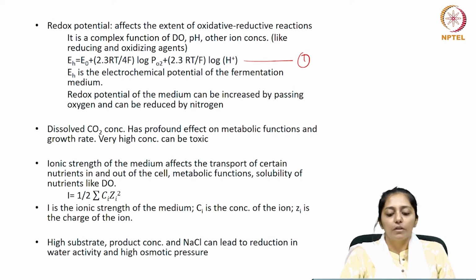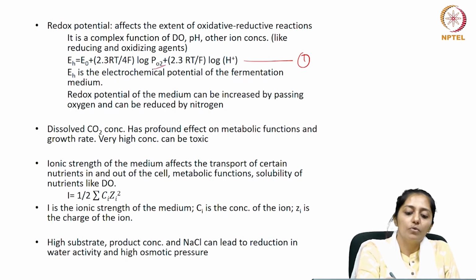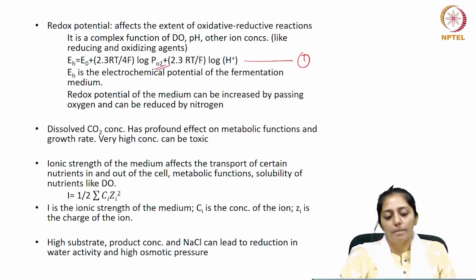The redox potential of the medium can be increased by passing oxygen and can be reduced by nitrogen. So if you see the term PO2, which stands for partial pressure, your redox potential can be improved as the partial pressure can be increased by passing in oxygen and can be reduced by removing oxygen by purging in nitrogen.